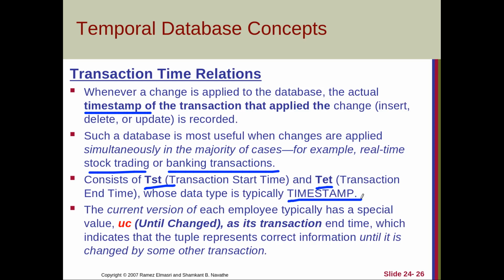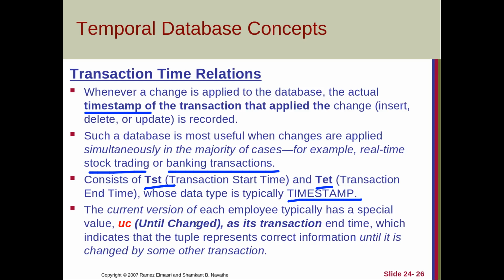In the previous valid time case we represented only the date, but in a transaction time relation we represent each transaction start time and end time as a timestamp with all the time information: year, month, day, hour, minute and second.